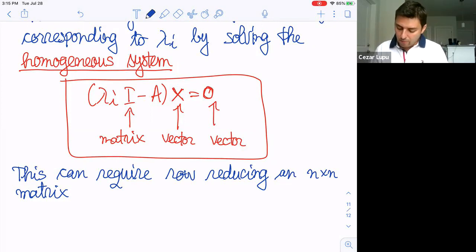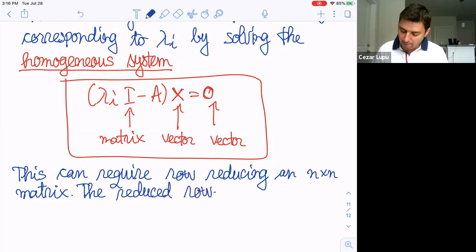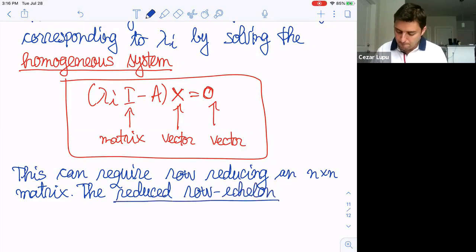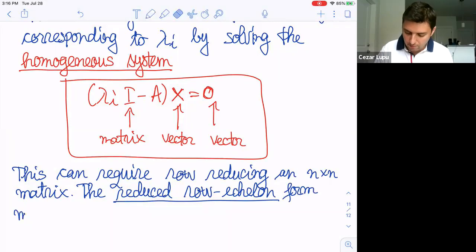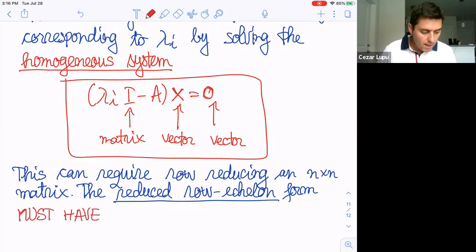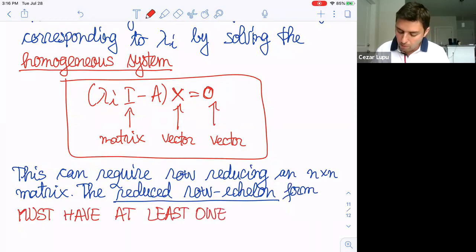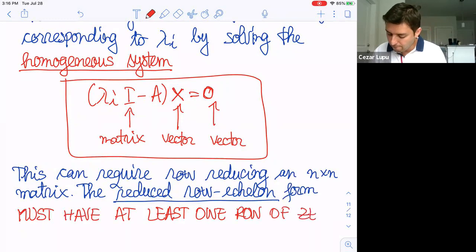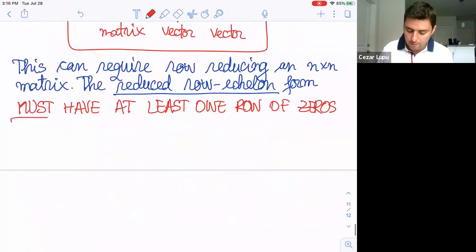Okay, so this can require row reducing an n by n matrix, and the reduced row echelon matrix that we obtain must have at least one row of zeros. Keep in mind this. This is important.